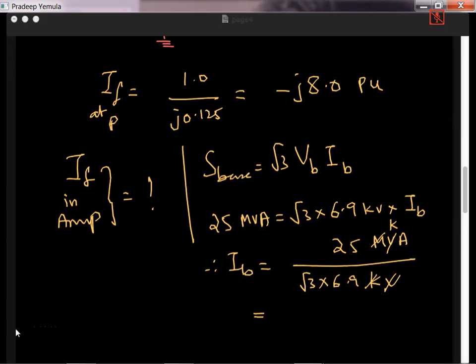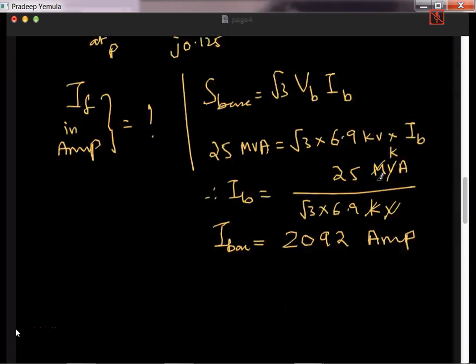So let me use my calculator. 25 divided by square root of 3 divided by 6.9. So I am getting 2092 amperes. This is my base current. So what is the exact fault current?